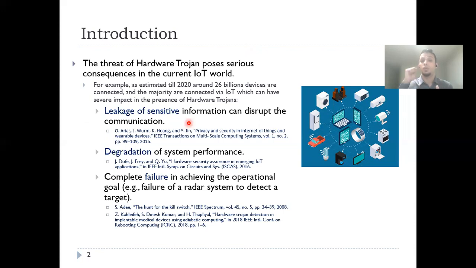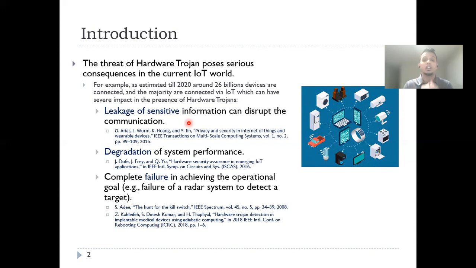Suppose, for example, one device is trying to communicate with another device. If a hardware Trojan attack happens in one of the devices, that device can disrupt the communication system between the two devices. The second reason, degradation of system performance. Third, the complete failure in achieving the organization goal.